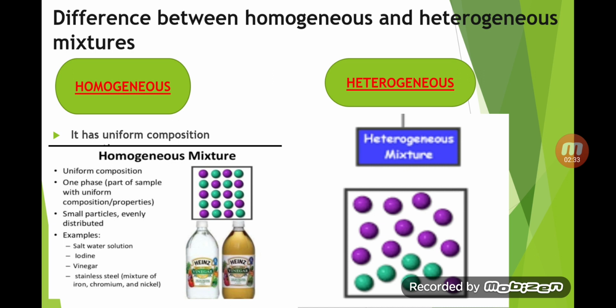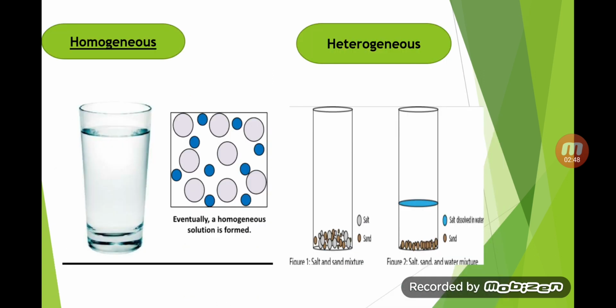Suppose the mixture of sand and water. After putting sand into the water, you can easily see where the sand is. Sand will settle down at the bottom of the glass. Let's see. Here two pictures are there.